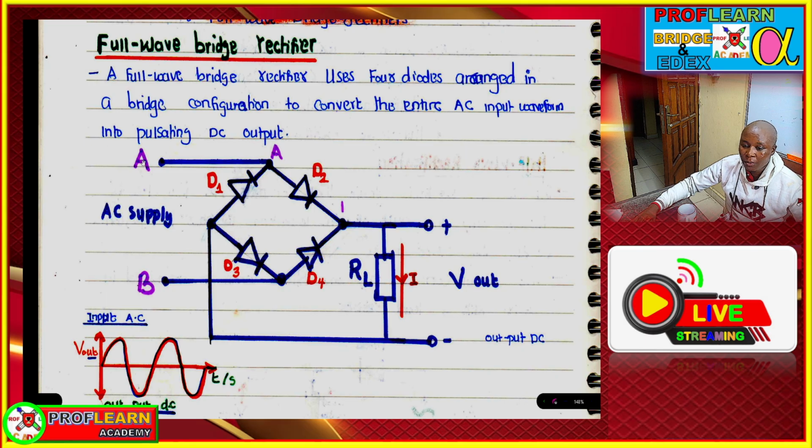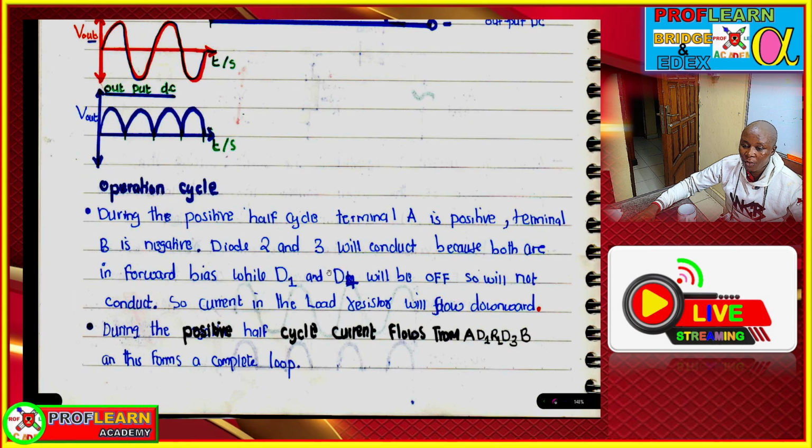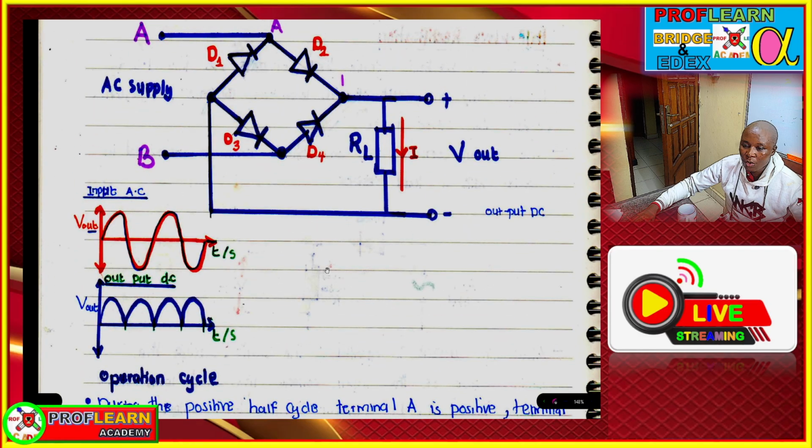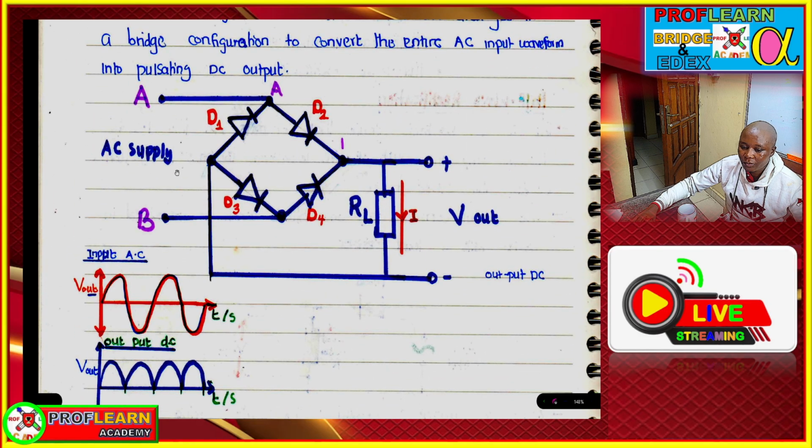When now this point is negative and this is positive, then D1 and D4 are going to be forward biased. So you realize that when in one cycle, current will flow that way, and then it will end up making a half cycle.